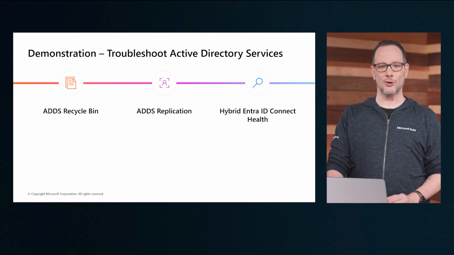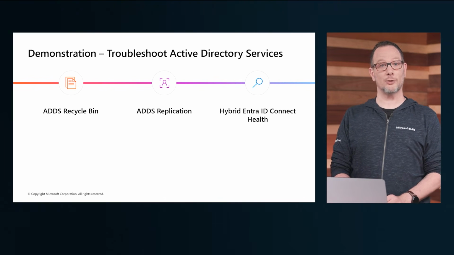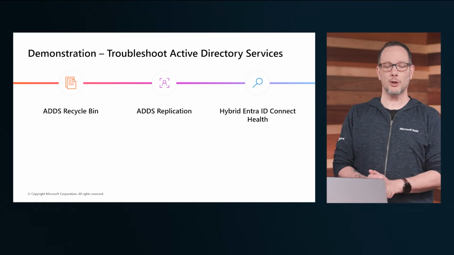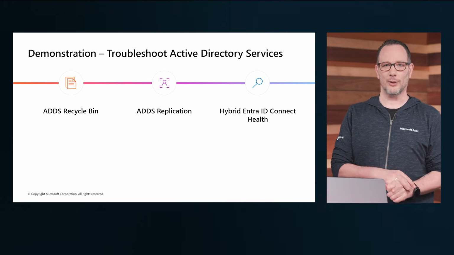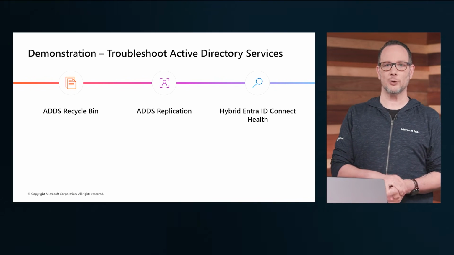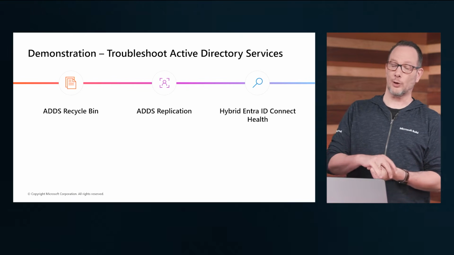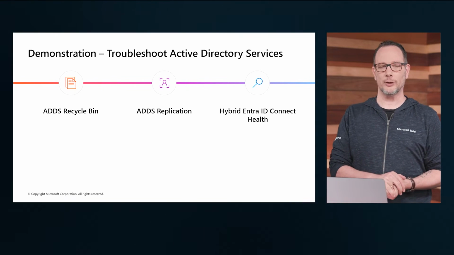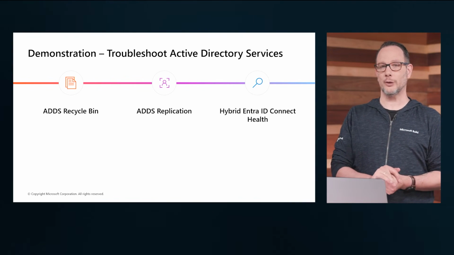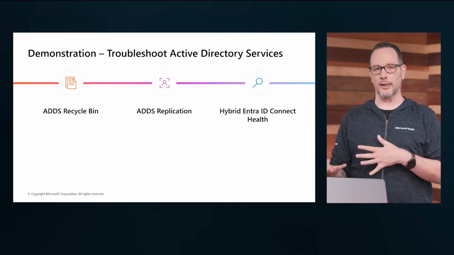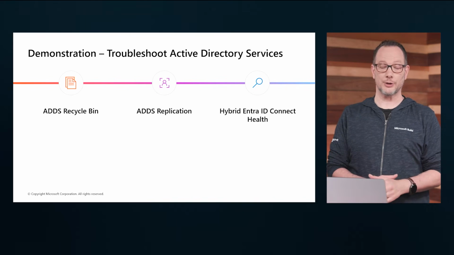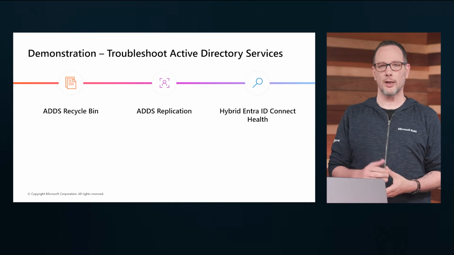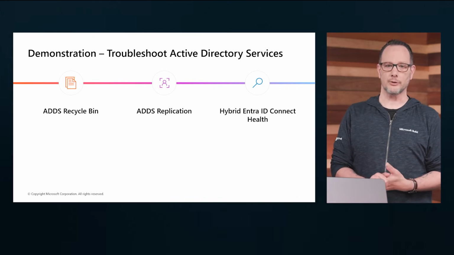Now, all that to go back to one of my last demos here, showing you what the Active Directory Domain Services recycle bin looks like, showing you what that command line replication monitoring tool looks like, and then last, showing you the Entra ID Connect interface where you can potentially troubleshoot some of your hybrid replication scenarios.